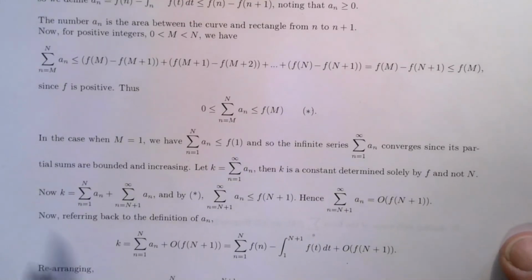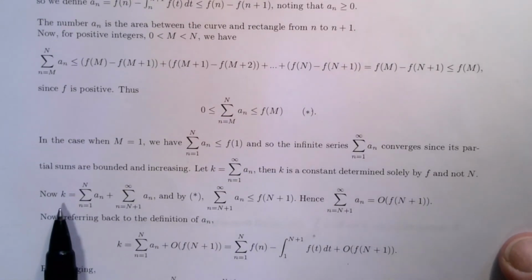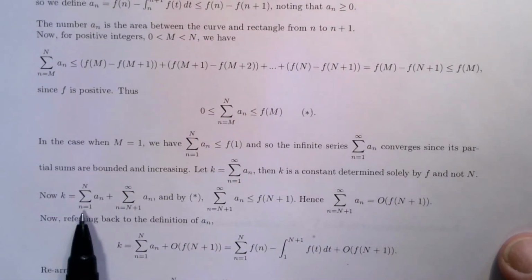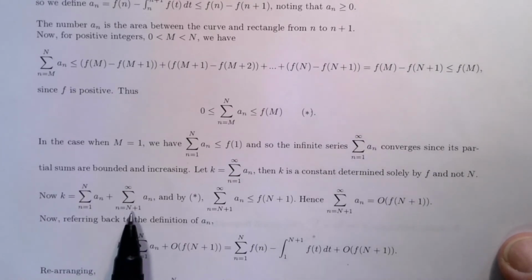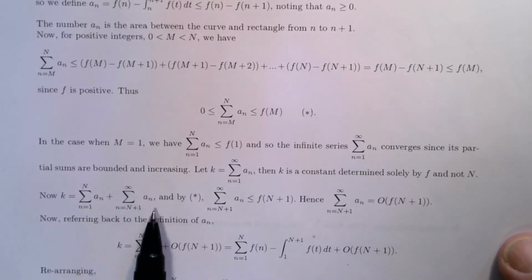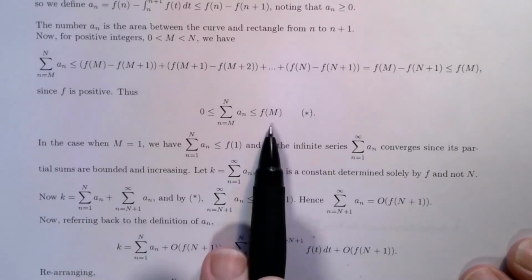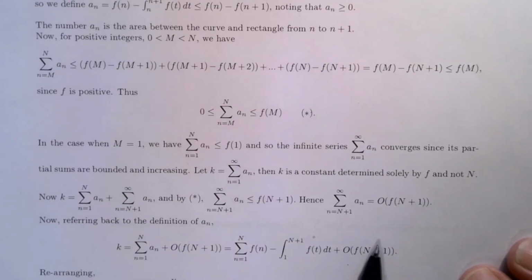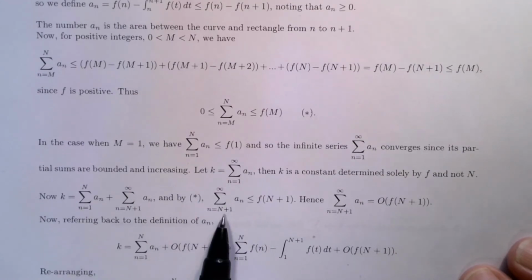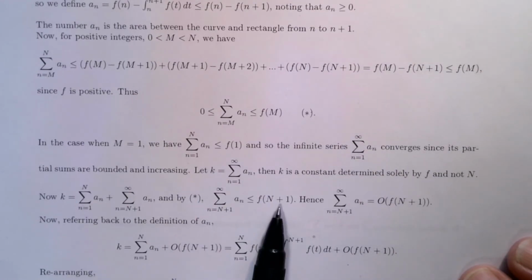Now I can write k as the infinite series, so k is the sum for n equals 1 up to capital N, plus the tail of the series, which is the sum from capital N plus 1 to infinity. And then by this line here, by star, if I replace m with N plus 1, the sum is less than f of N plus 1.